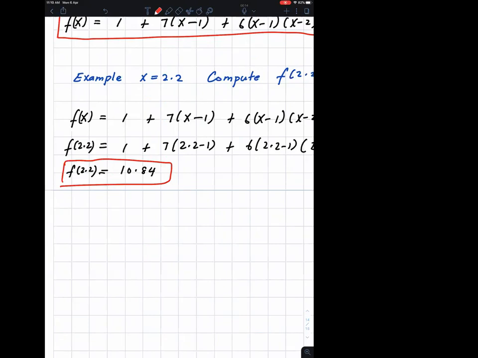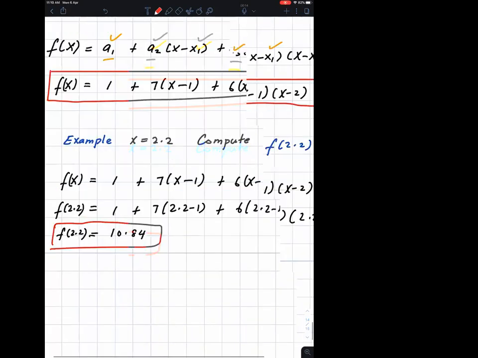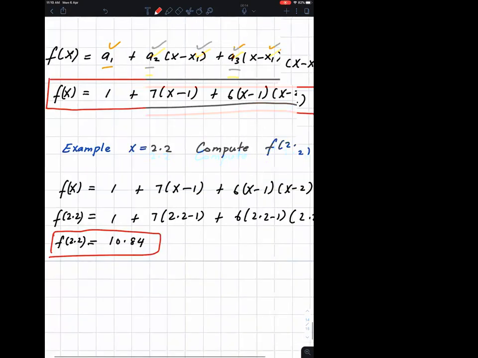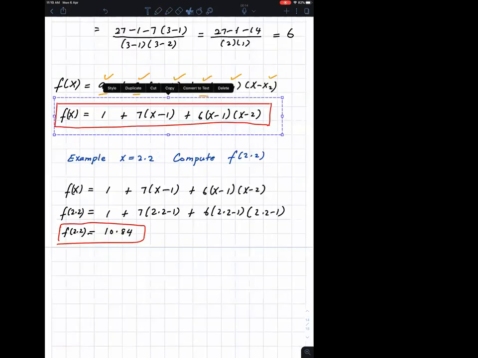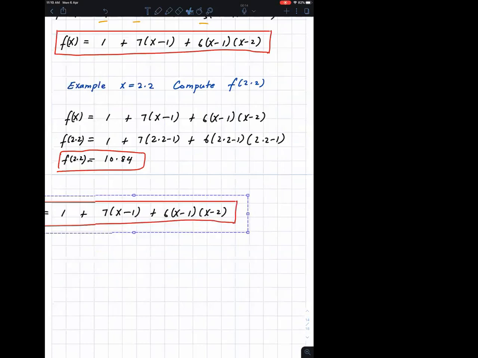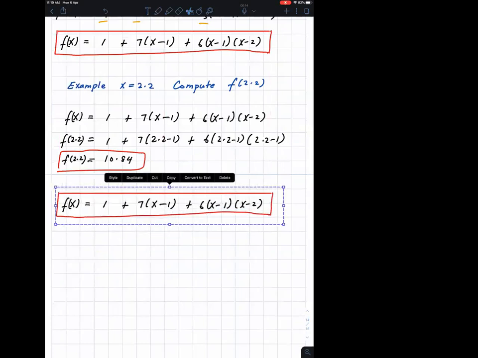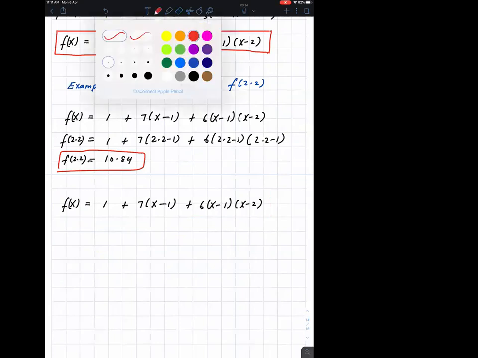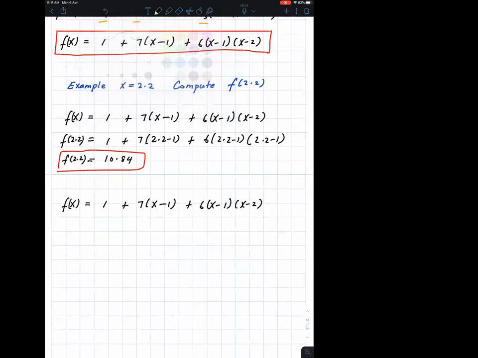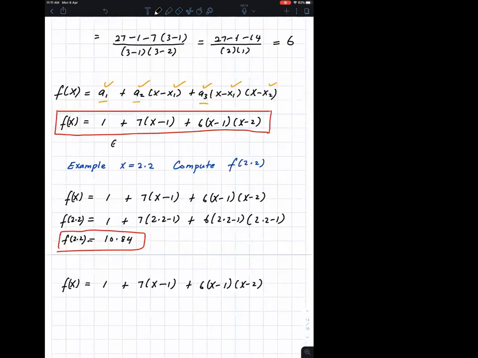You know, this polynomial here, you don't actually have to simplify. But if you want to simplify, you just have to multiply them out, simplify, and put them into power form. Now this is in Gregory-Newton form.